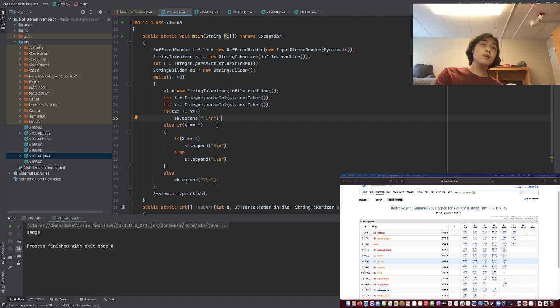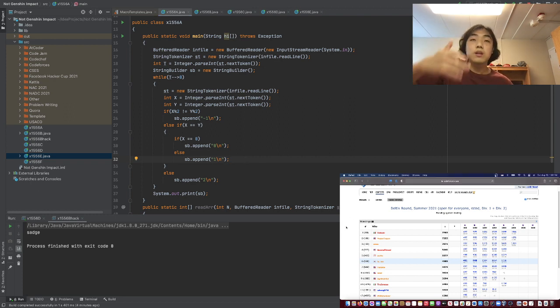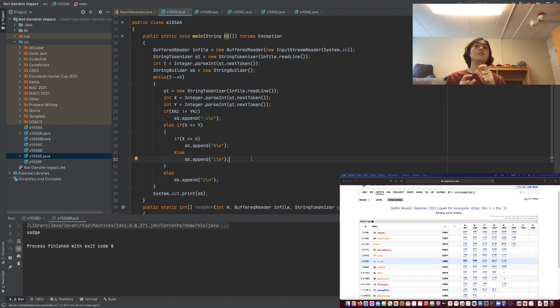Otherwise, obviously, you just do a little bit of casework. If x and y are the same value, then you can use one move to increase both numbers to the target values, or if they're both already 0, then you don't have to do anything at all. Otherwise, if x and y, your target numbers, aren't the same value, then because we know that they have the same parity, their difference has to have the same parity.